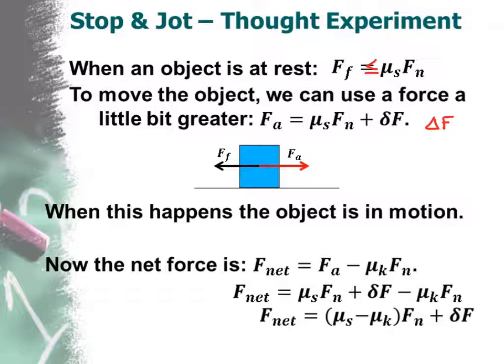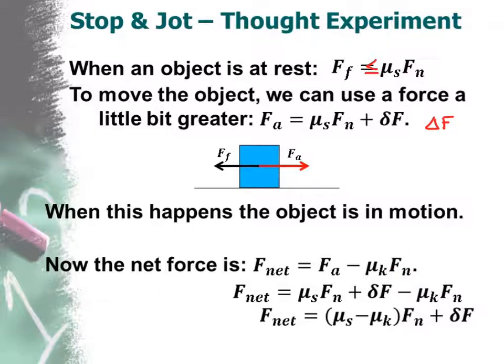And when the object is in motion, our friction force instantly changes to be mu sub k times F sub n, or the coefficient of kinetic friction times the normal force. As soon as that object is in motion, we have to change the friction force. So the net force on this block is equal to the force that I just applied minus mu sub k times the normal force.